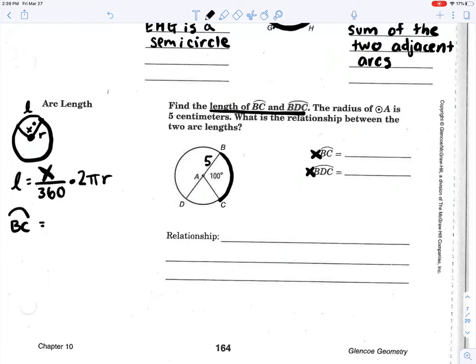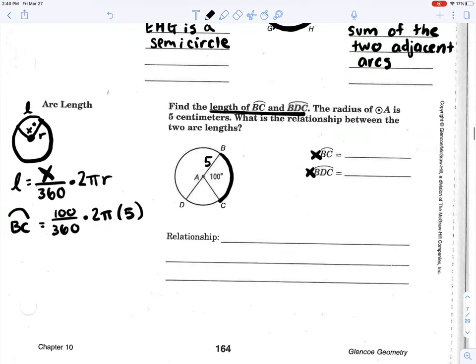So I can plug in my arc length formula: 100 over 360 times 2 pi times 5. Plugging that into my calculator, I find that's 8.73 centimeters.